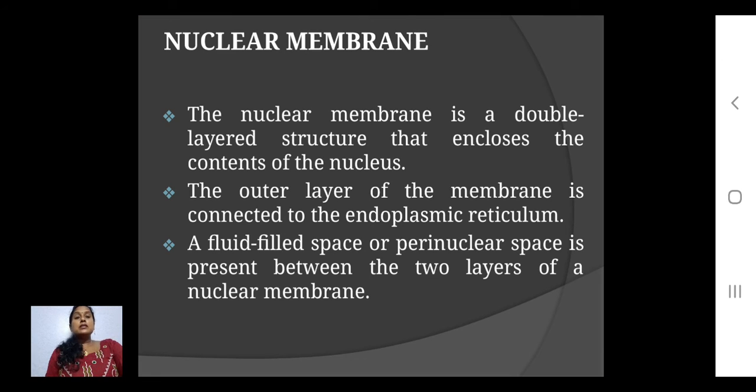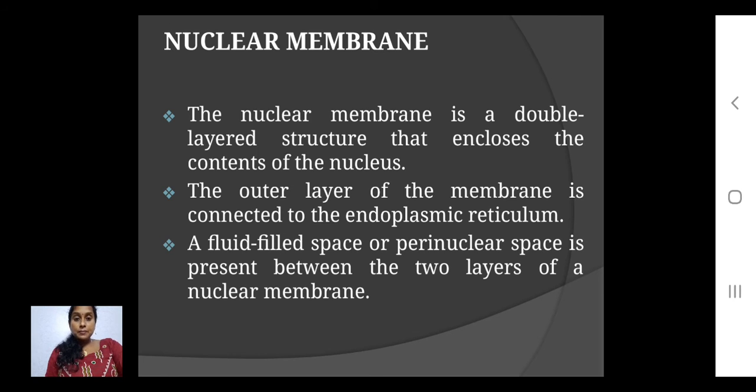Then what is a nuclear membrane? It is a double layered structure that encloses the content of the nucleus, and the outer layer of the membrane is connected to the endoplasmic reticulum. There is a fluid space in between the two layers, filled with fluid.